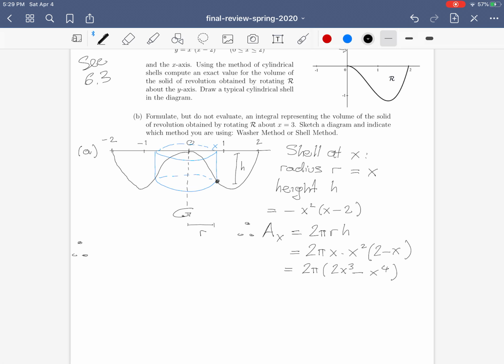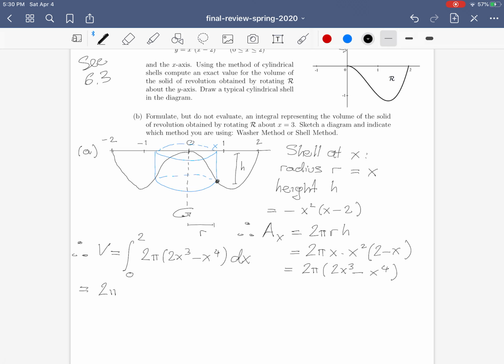So now we know the area of our shell. The volume of the solid of revolution is given by the integral from the limits of x, which is 0 and 2, of this area. So that's 2 pi times 2x cubed minus x to the 4 dx.